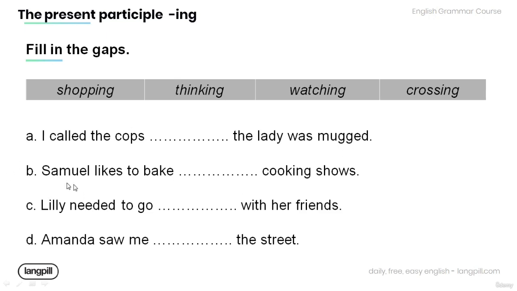B. Samuel likes to bake to watch cooking shows. C. Lily needed to go to shop with her friends. D. Amanda saw me to cross the street.